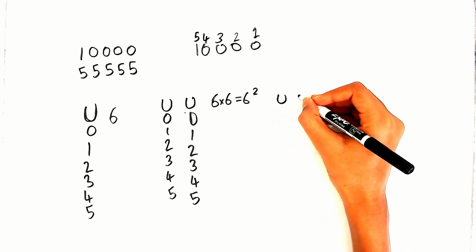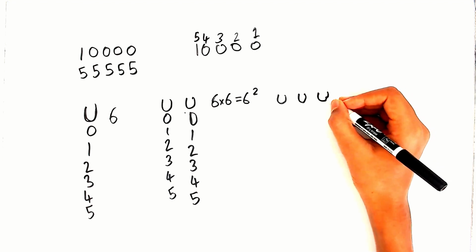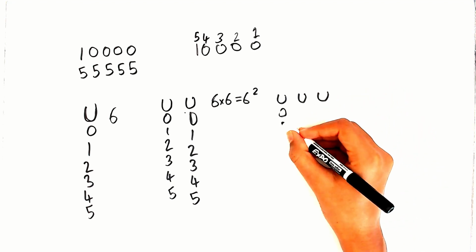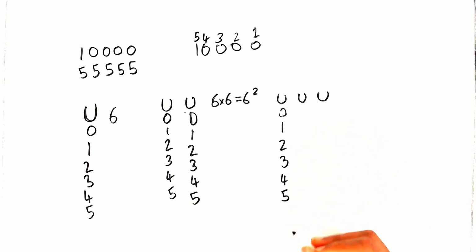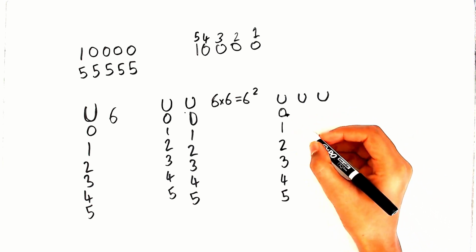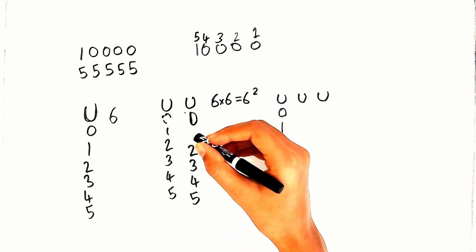Now let's go with 3 digits. So 1, 2, 3. So here, for the third digit, it would be 0, 1, 2, 3, 4, 5. For each of these digits, this whole thing would repeat.